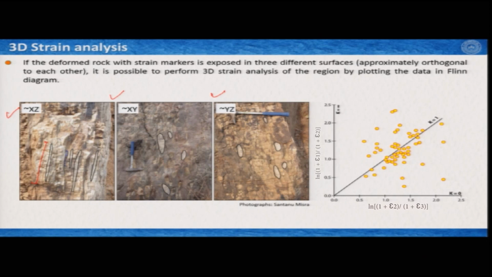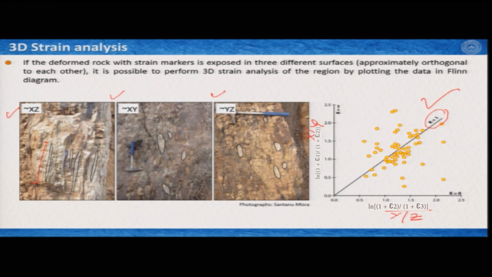What the students do in the field, they measure this long axis versus short axis, and out of this on each plane they figure out the stretch, and then they plot it in the Flynn diagram, which you see here. And when they plotted it, they got an excellent cluster along K equal to 1.